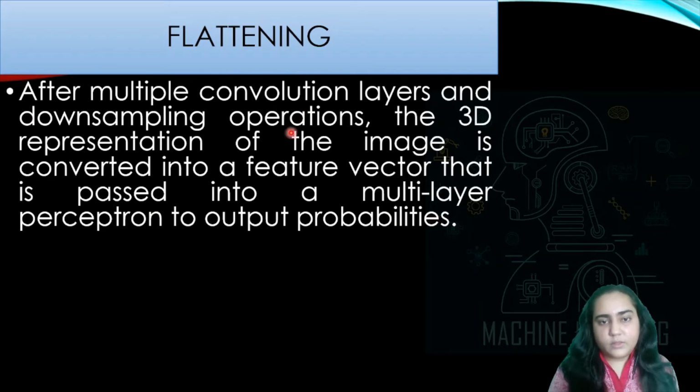Okay, so this is a multi-layer perceptron, and we have studied this as well in our previous video. So once the downsampling is done and once you have created that simpler matrix, now you will convert that simpler matrix into a feature vector, which can be passed into a multi-layer perceptron so that it can work on different probabilities.